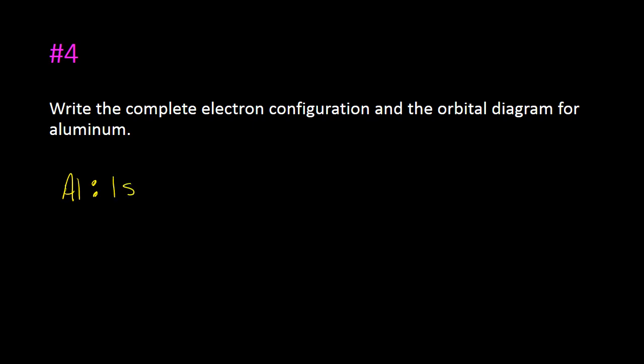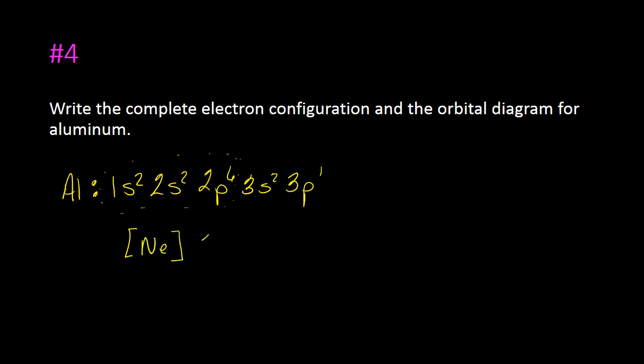But it's 1s2, 2s2, 2p6, 3s2, and 3p1. Now if we did the shorthand, all of these look just like neon, which left us with 3s2 and 3p1.